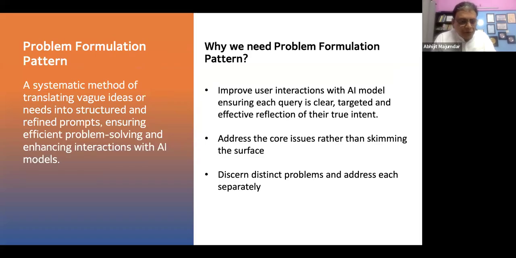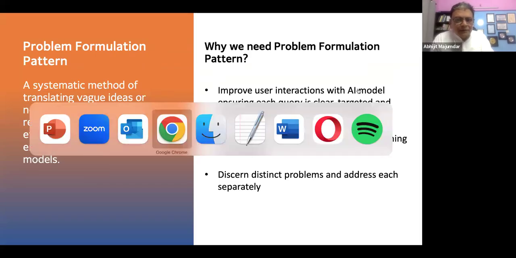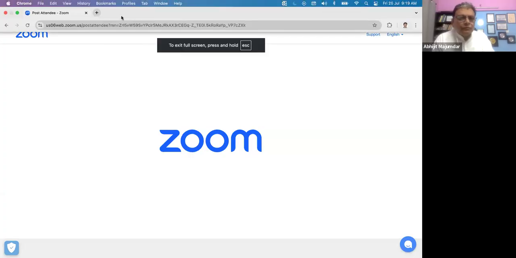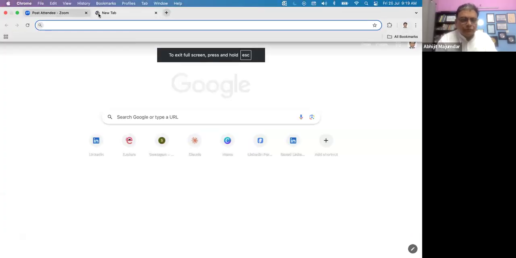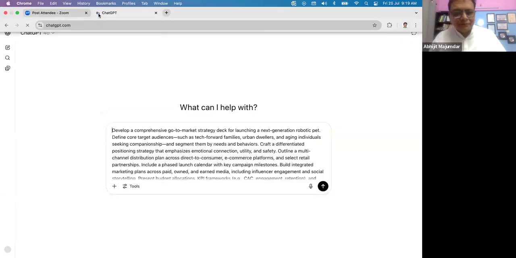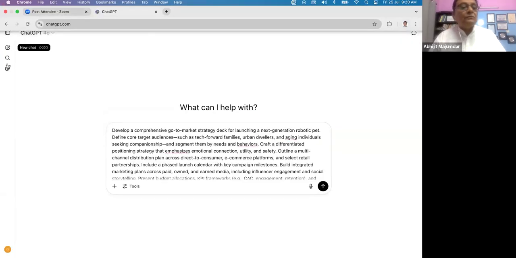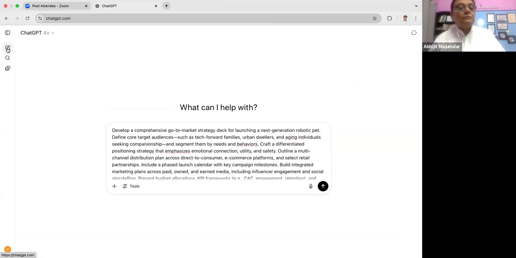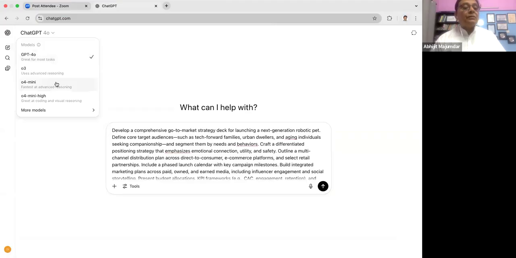Okay, so let me go and... okay. So I was exploring something here. Let me go and say G4. Why is it not clearing this?